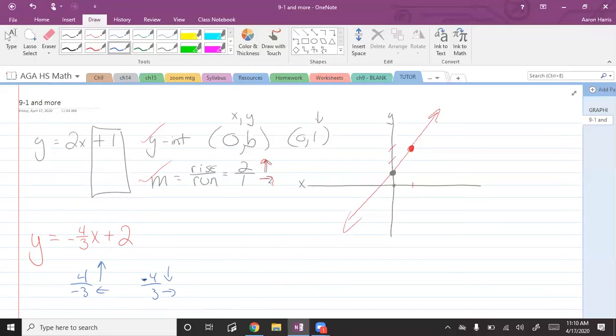So start it like this. Don't make a new graph. Put it on this graph. All right. Put it on the original. So that's for 0, and then we go up 2.